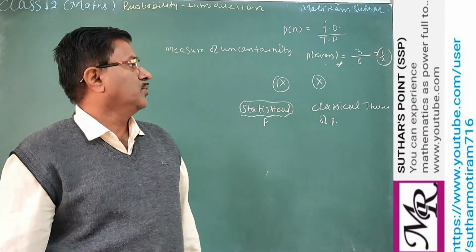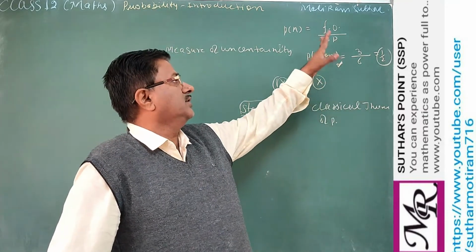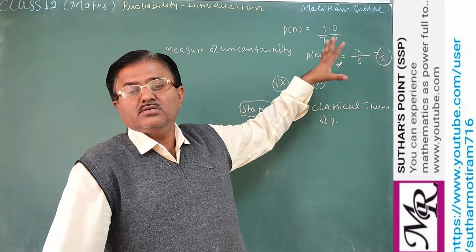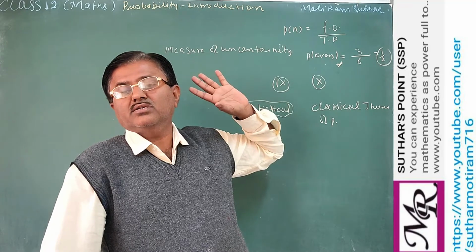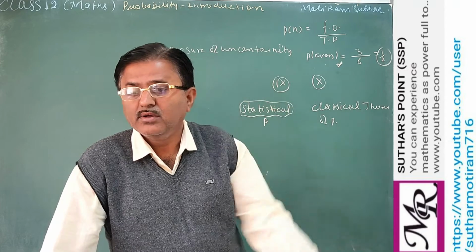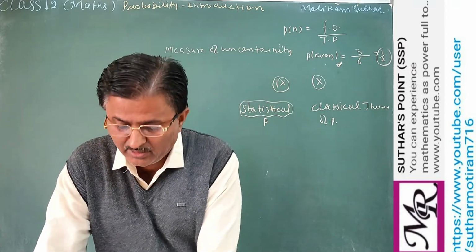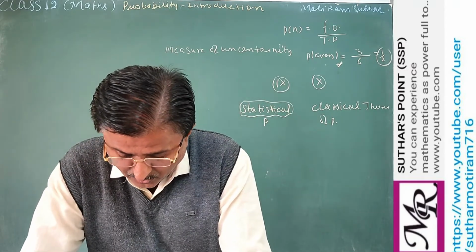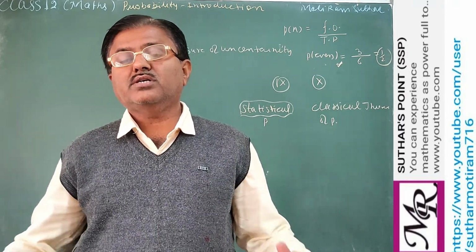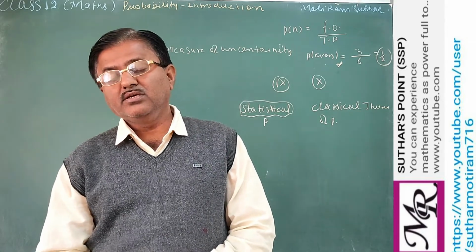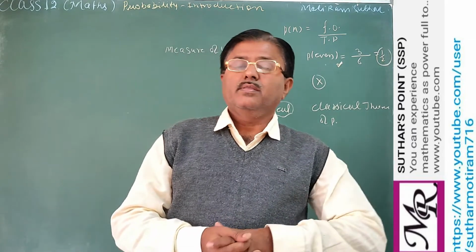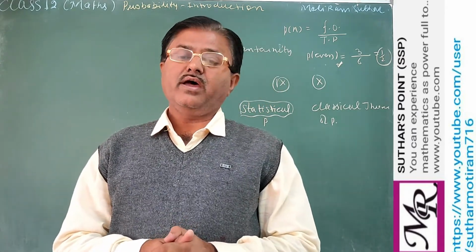Also one more, here we are saying each event has equal chance. Each event has equal chance to appear, meaning equally likely outcomes. But you see in daily life there are so many problems where it is not possible that we give equal chance to each event or each case.